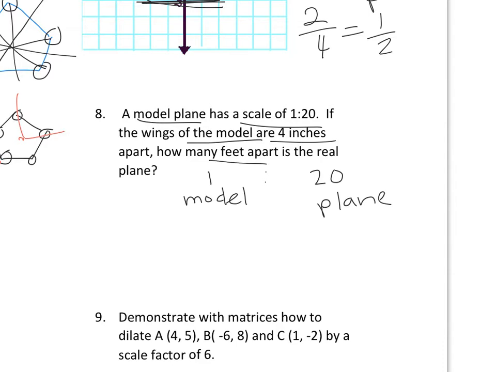So we have 4 inches right here, and this is 4 inches. So you could do 4 inches and compare it. If I multiplied this by 4, then I have to multiply this by 4 too. So 4 inches is 80 inches.